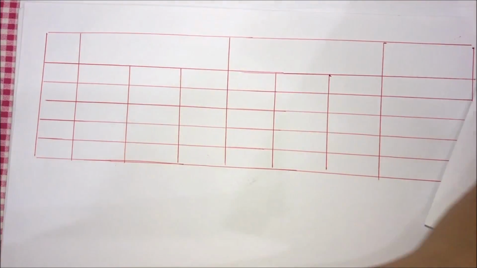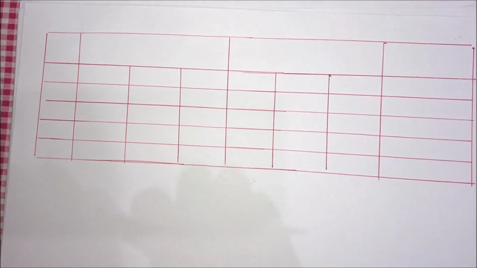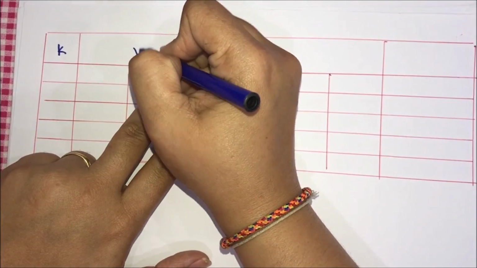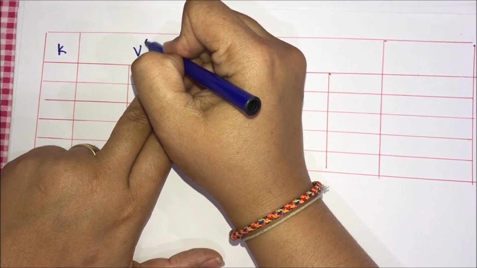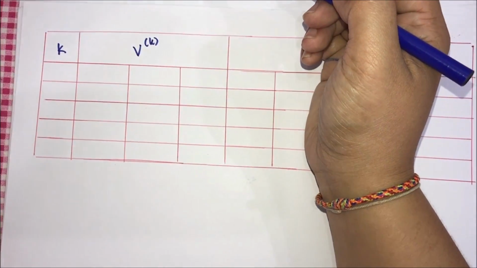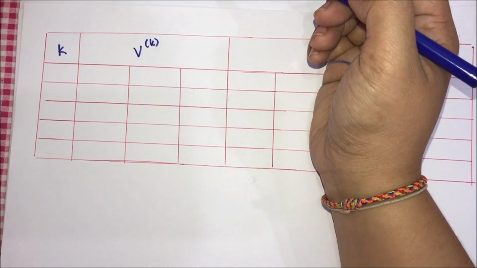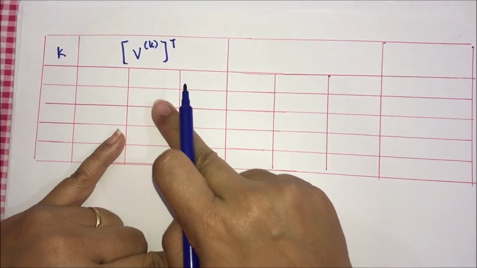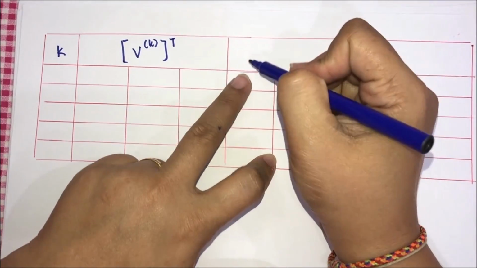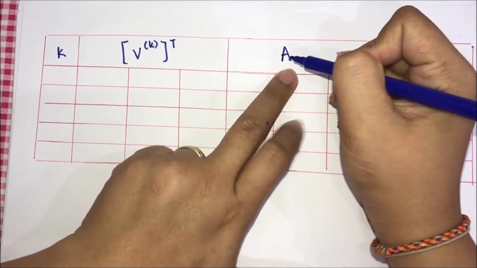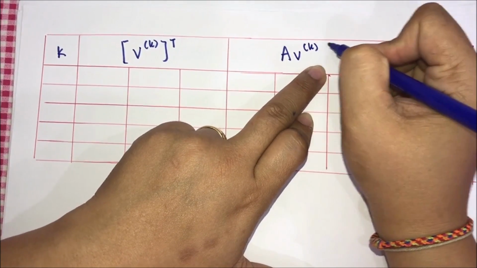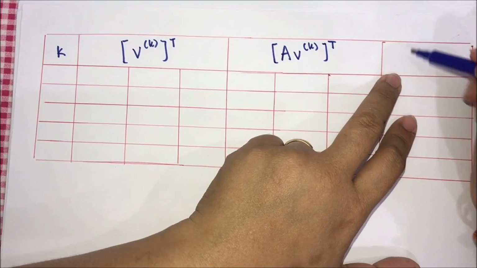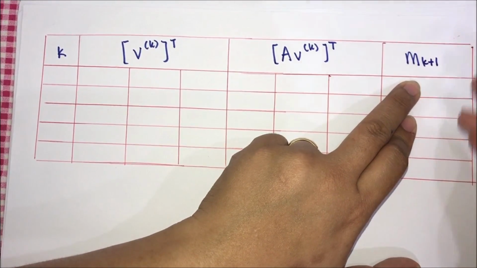In this table we will have k, and then the eigenvector, because this one is in transpose form, and then matrix A times V, also in transpose form, and then m(k+1).